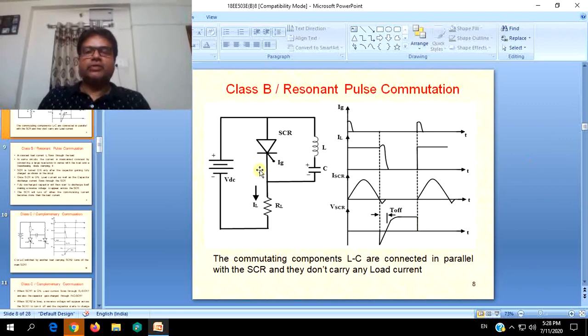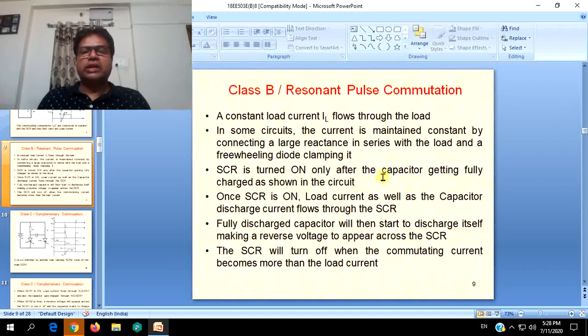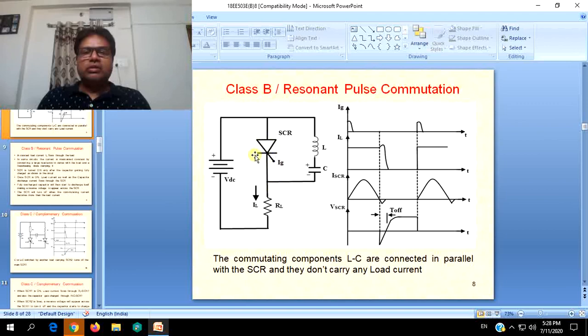In this slide, we are discussing this particular circuit where the SCR is turned on only after the capacitor is fully charged, as shown in the circuit.